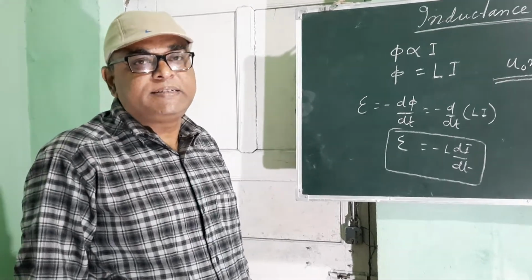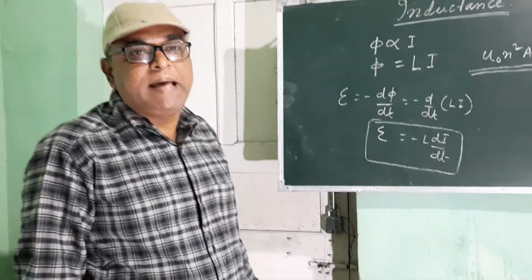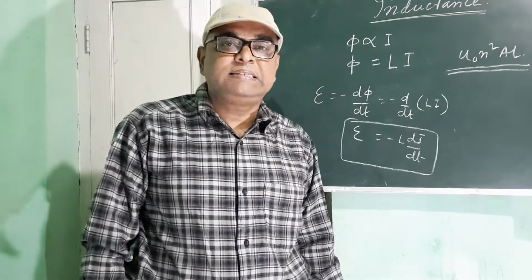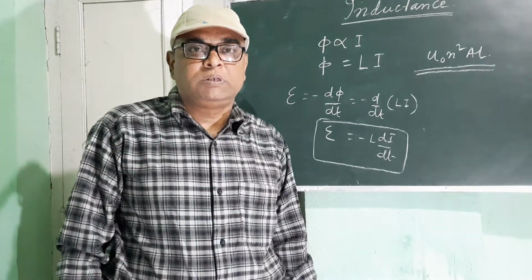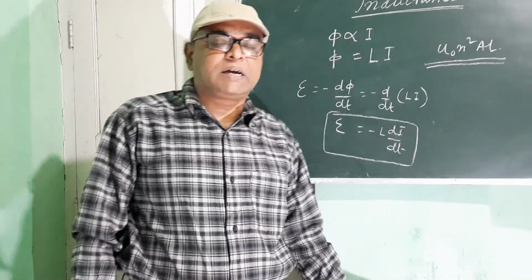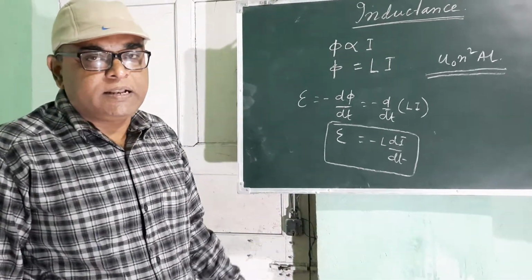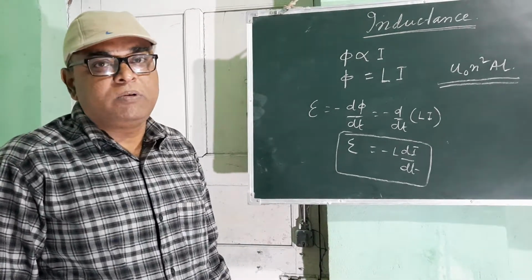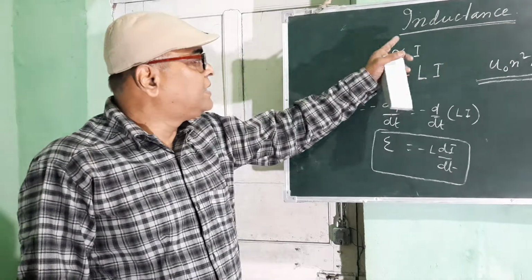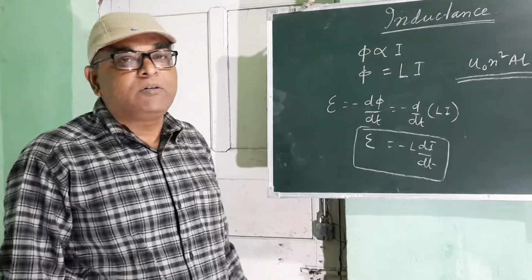Now self-inductance is called the back EMF because it opposes the production of the current in the cell. It is also called the inertia of the circuit.